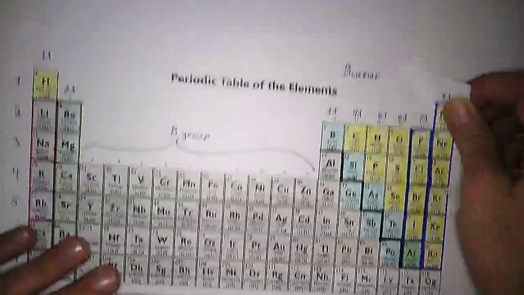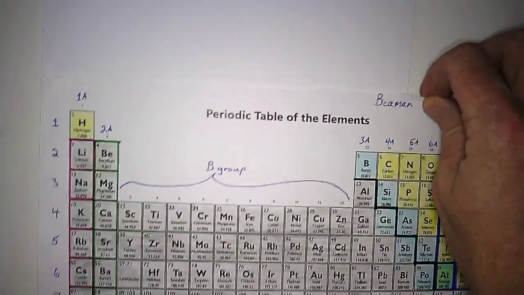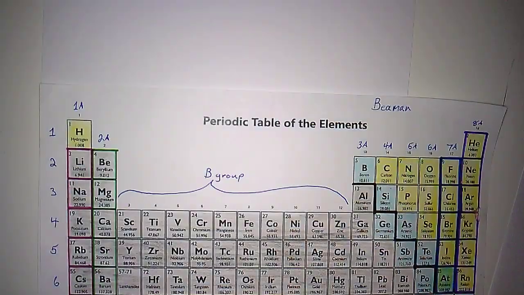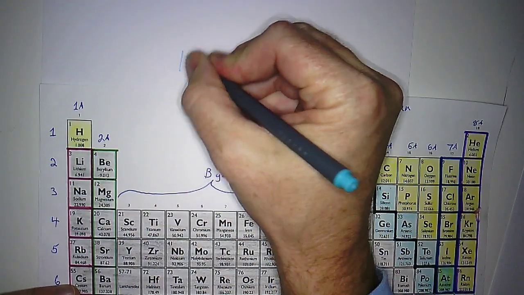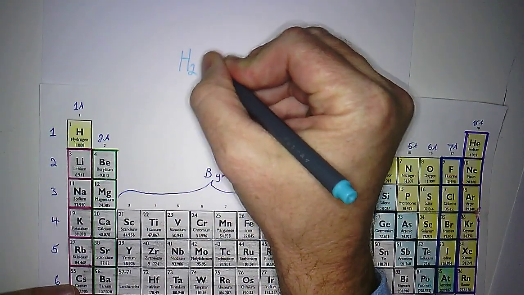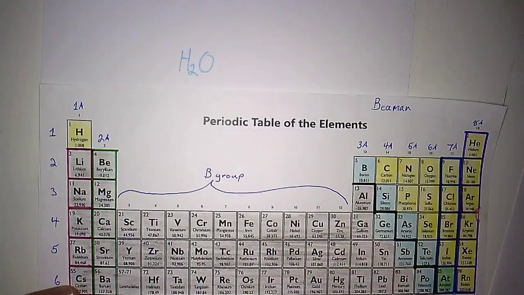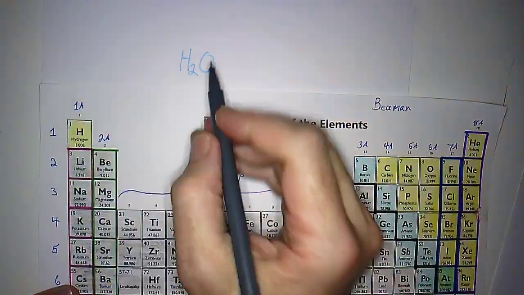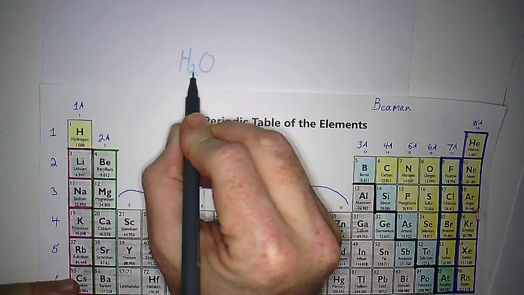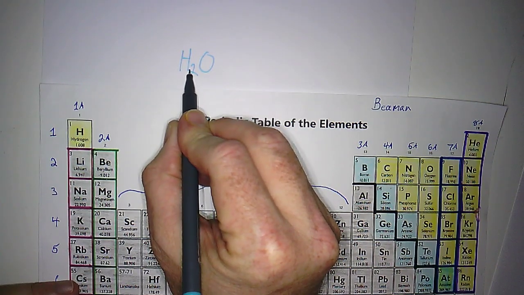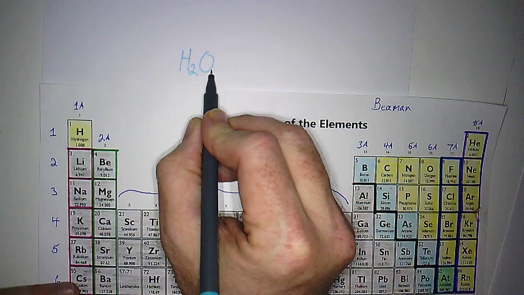Okay, so first of all, it's really important to remember that when we have a compound, like a simple one like H2O, what this is actually telling us is that every molecule of water is comprised of two atoms of hydrogen and one atom of oxygen.